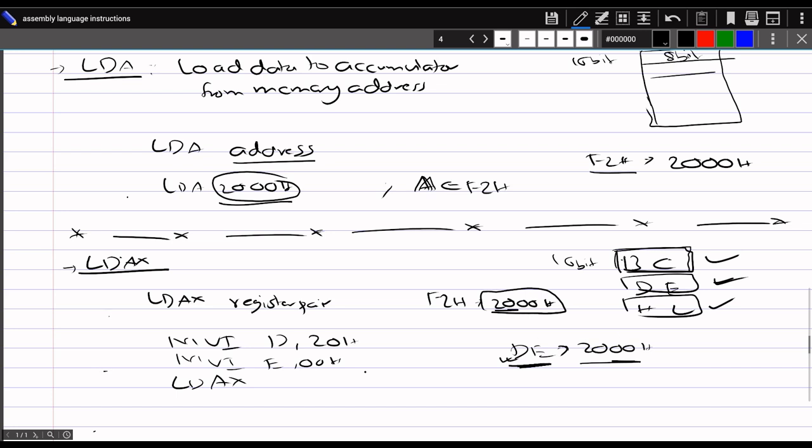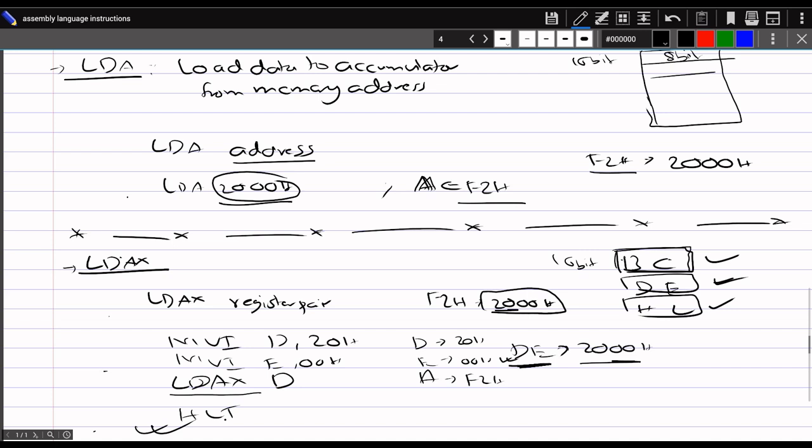So if we are using the DE pair, we only need to provide D. The processor or the compiler will understand that we're trying to use a DE pair just because of the instruction LDAX here, and then we terminate the program. This is going to put 20H in D, 00H in E, and then from the address 2000H, it is going to copy the value F2H to our accumulator and then terminate the program.